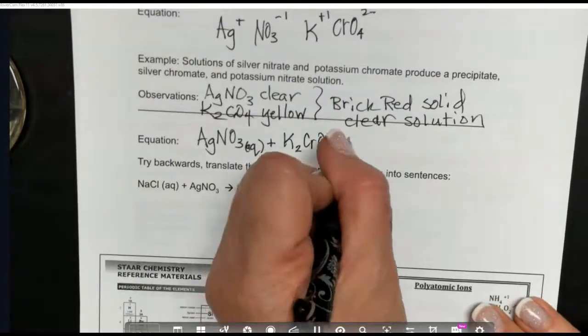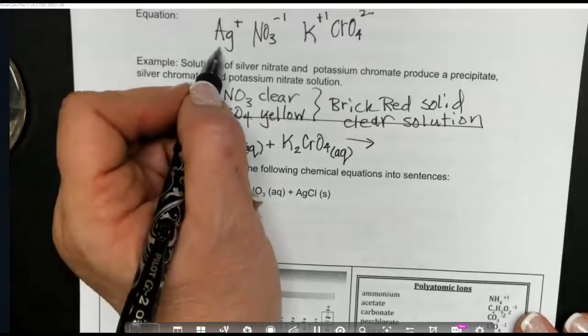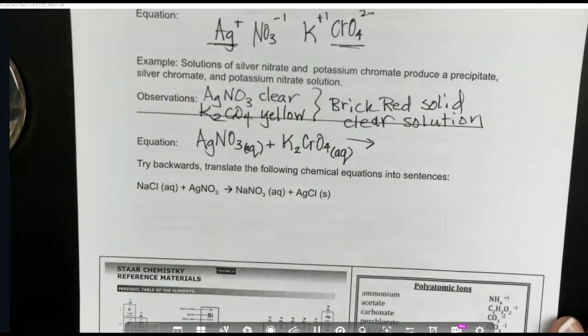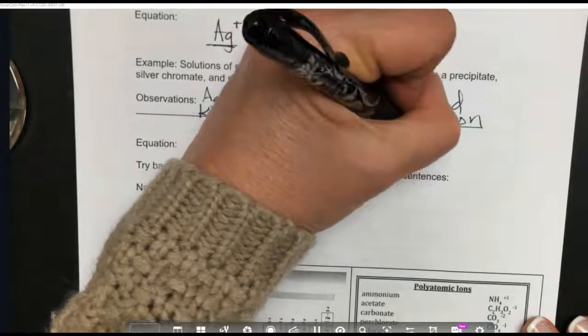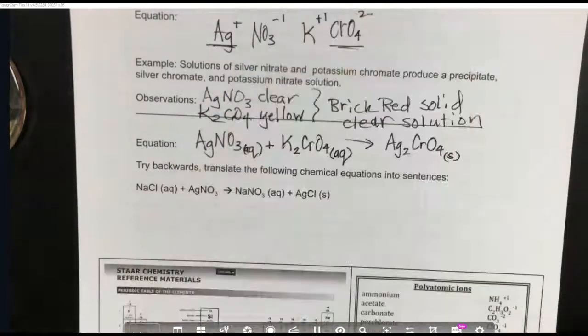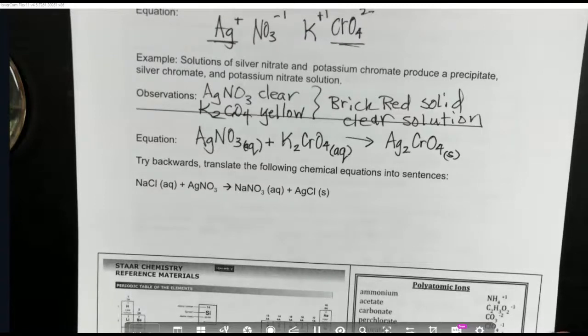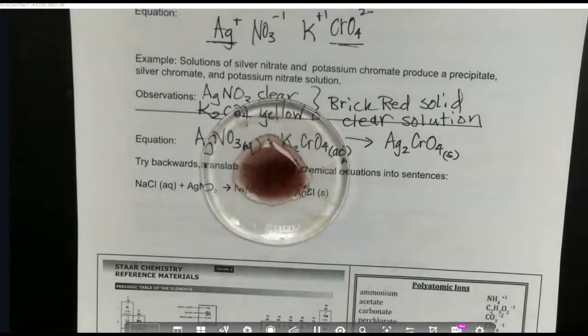Now, once those two things were put together, they produced silver chromate. So I'm going to put together silver and chromate, and again the charges won't cancel, so I'm going to end up crisscrossing, and I'm going to get Ag2CrO4, and that was the one that formed the solid. And the other, the clear solution around it, just so that you can see it and remember it, that's what we're looking at right now.